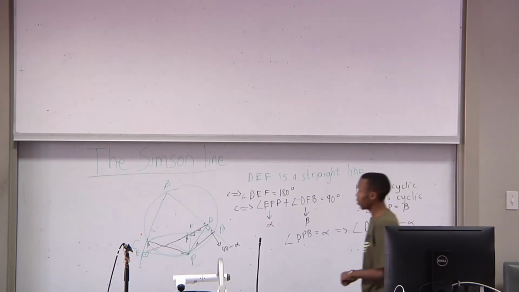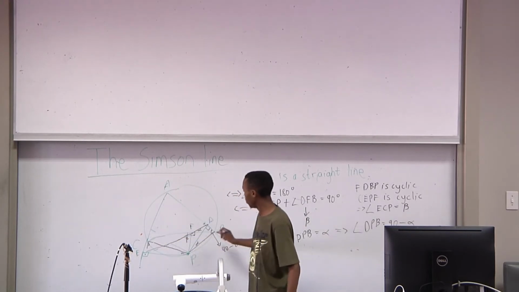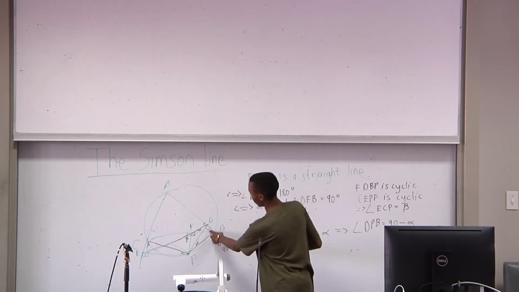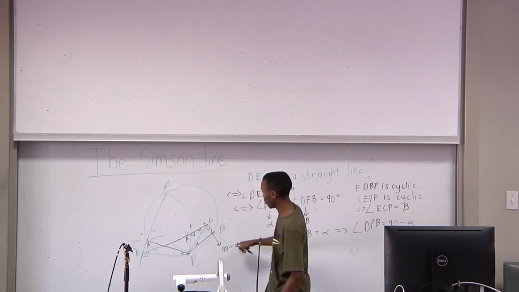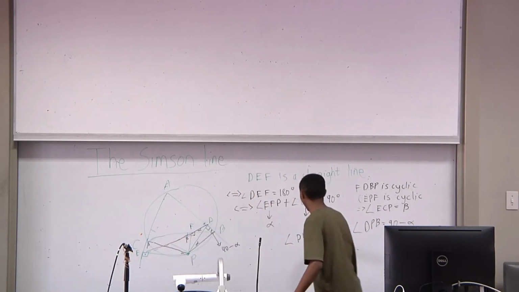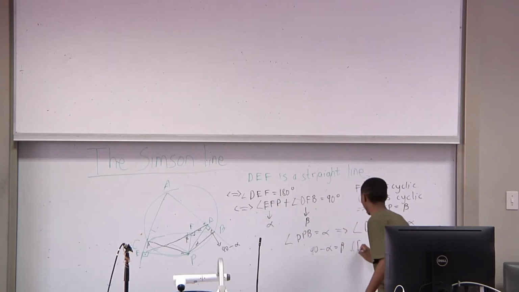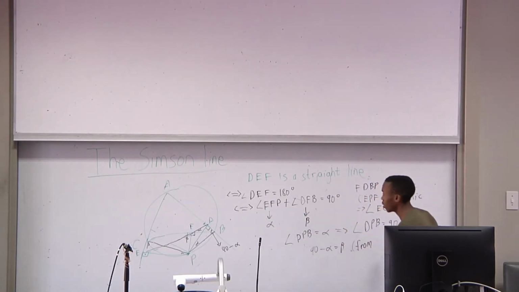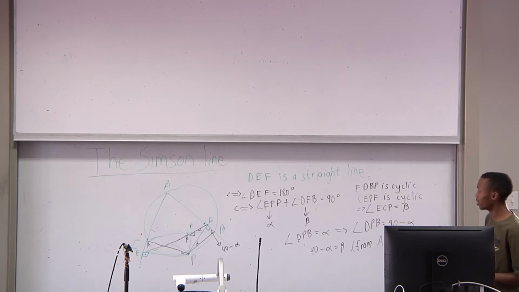So now finally we have this one big cyclic quadrilateral, so ACPB is cyclic. So that interior angle is equal to the opposite exterior angle. So 90 minus alpha is equal to beta, from the fact that the big quadrilateral is cyclic.